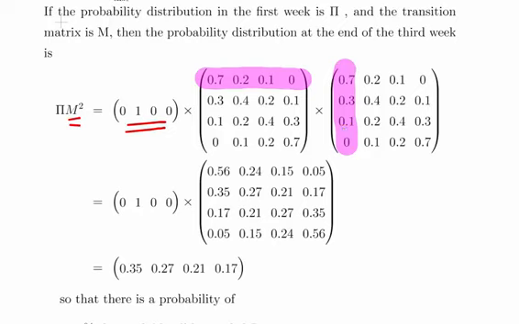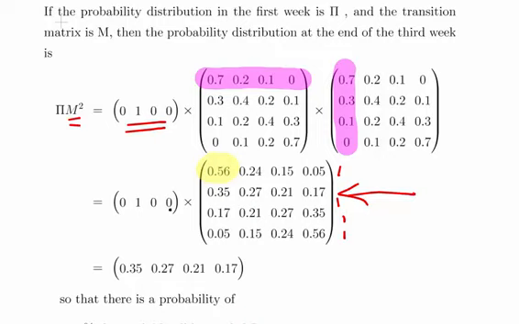Add all of those up together and you get 0.56. Now you have to take a bit of time to go through the whole thing. What should happen at the end of this calculation, something you double check, is that all the rows still add up to 1.